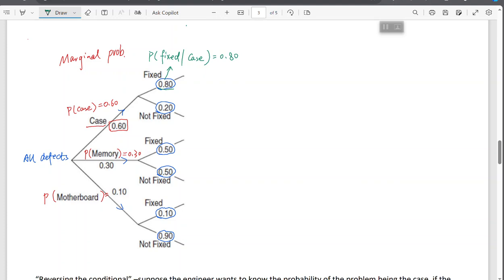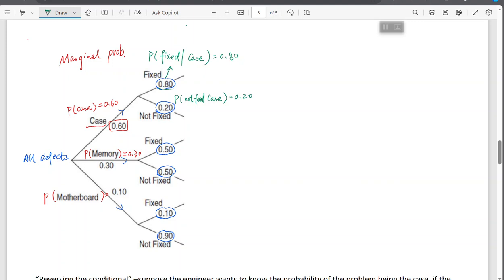Similarly, this 0.20 is the probability that given it is a case alignment problem, but not fixed, is 0.20.